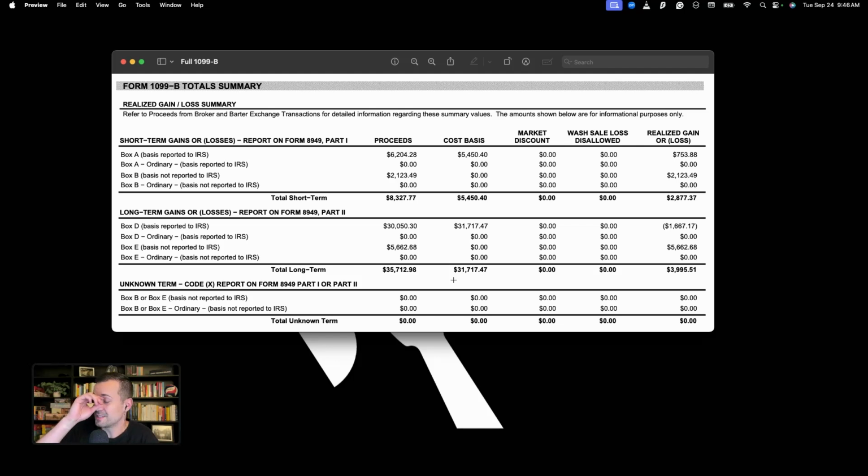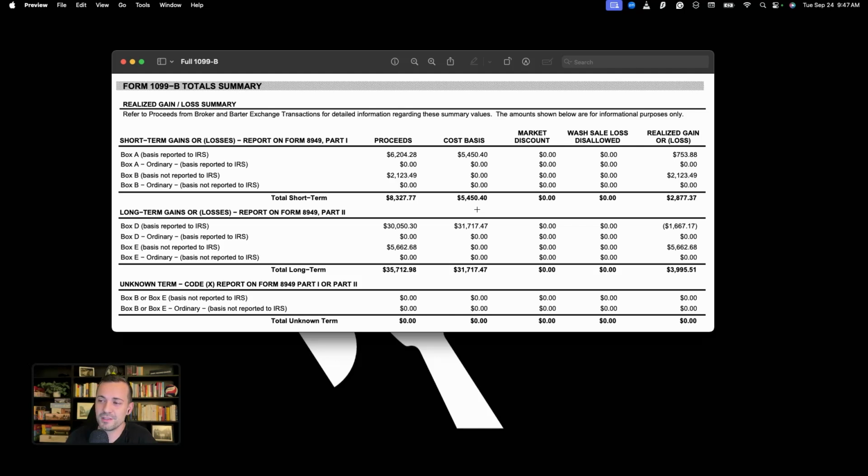With RSUs, it's the same thing. If you had RSUs vest during the year at E-Trade or wherever your company holds your company's stock, and you ended up selling RSUs, the information from those transactions will show up here.